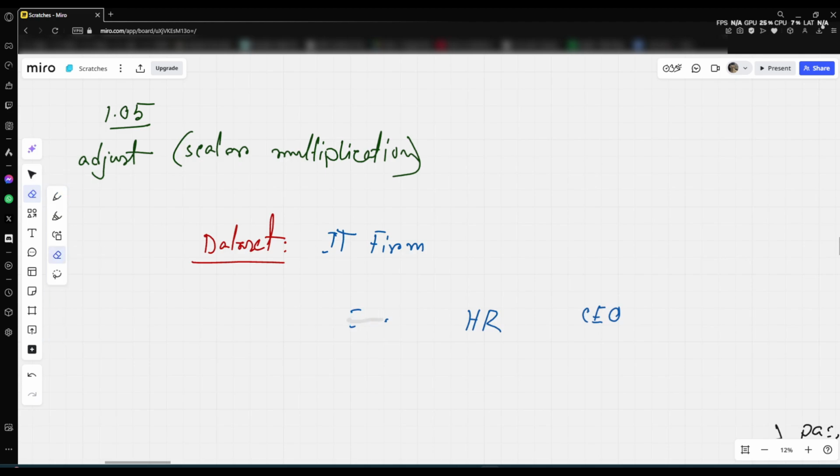Okay, we have the base salary of a receptionist, HR, and CEO of an IT firm.